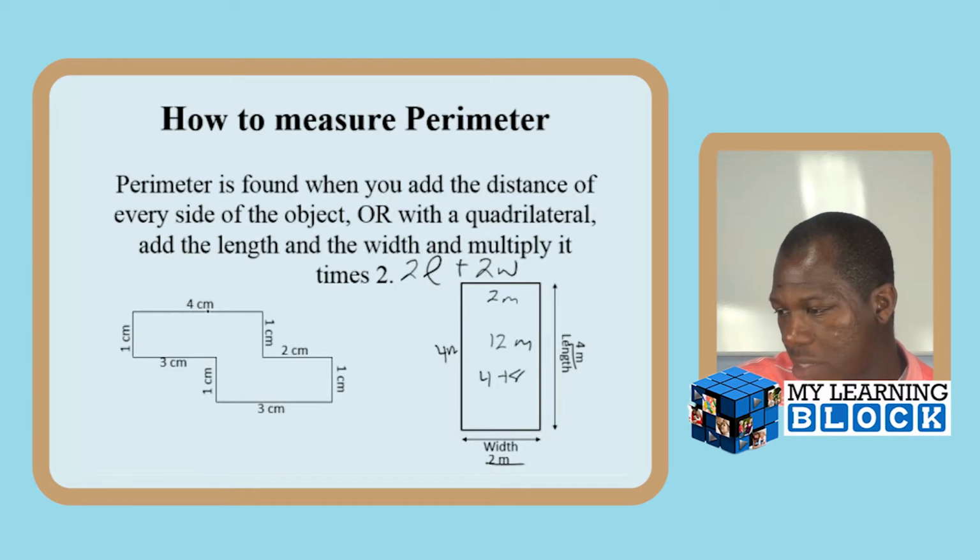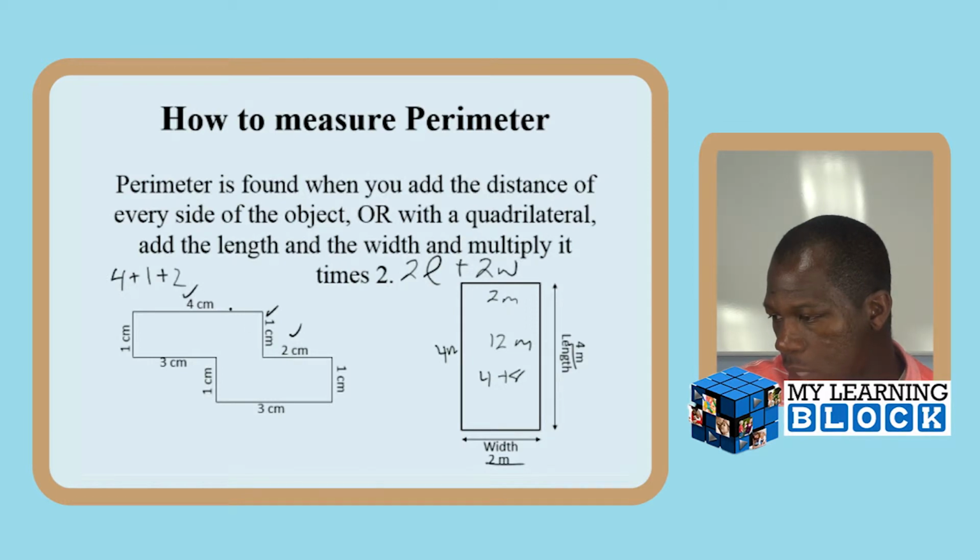So in this instance, with this polygon here, we have 4, and I'll put a check mark so I don't forget, plus 1, plus 2, plus 1, plus 3, plus 1, plus 3, plus 1, plus 3, plus 1.